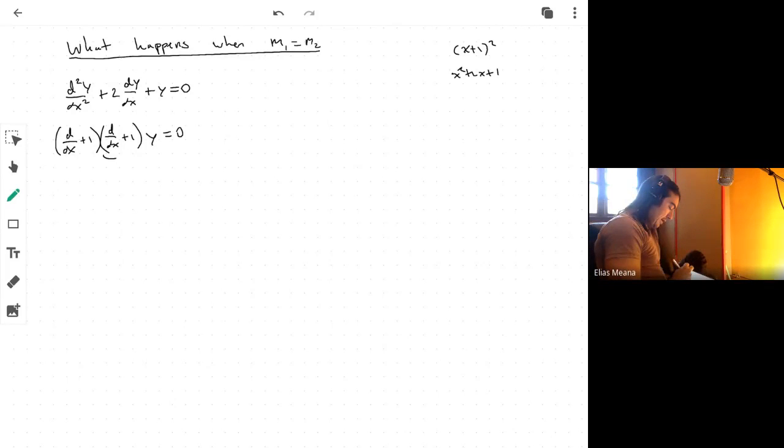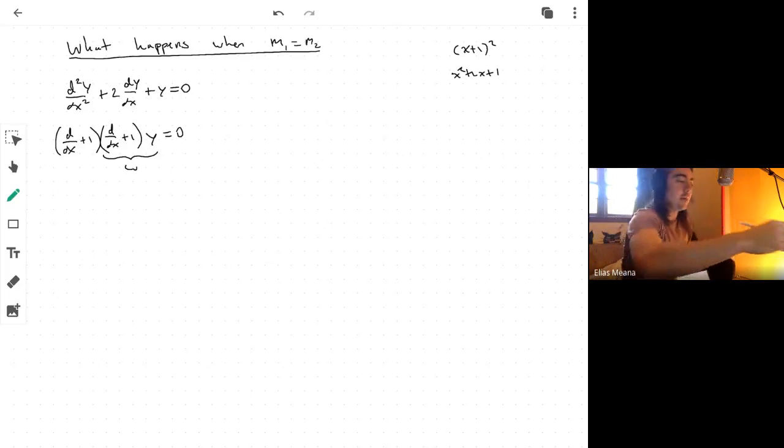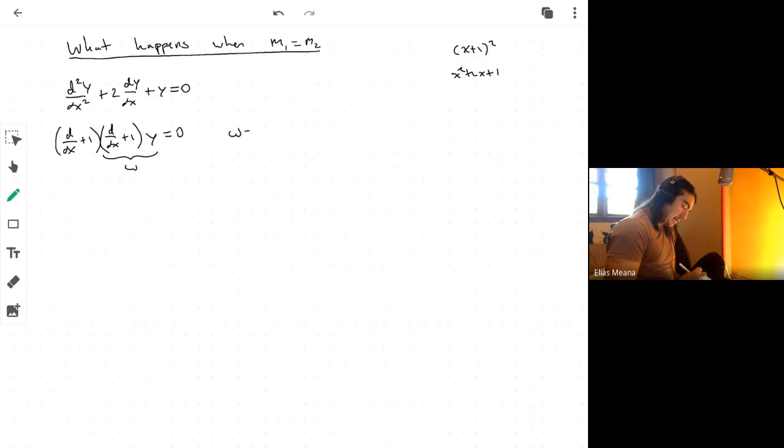We called this omega. I know this is kind of a pain to reproduce. Sorry, my mic is kind of far away. I don't know if you guys can hear me. So we end up with omega equals dy by dx plus y, right? And we end up with the other differential equation, (d by dx plus 1) of omega is equal to 0, which we can solve, of course.